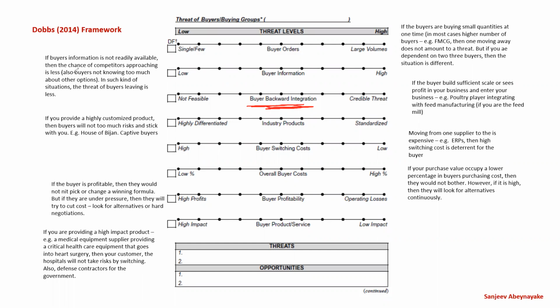Now, the other one is if your industry's products are highly differentiated, then the buyers don't have much of a choice. For example, I used to work in the food industry, and we used to manufacture some products very specifically developed for specific players, some of the largest companies.